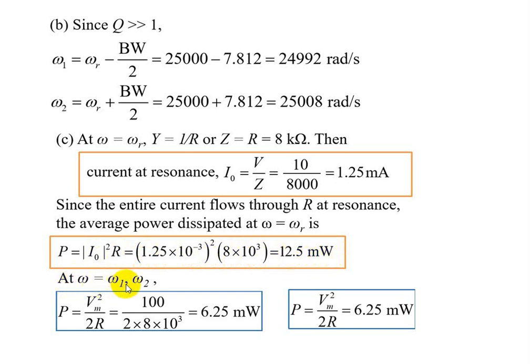At omega equal to omega 1 and omega 2, the power will be half of the power drawn at resonance, that is Vm square by 2R. So this will be equal to 6.25 milliwatt.